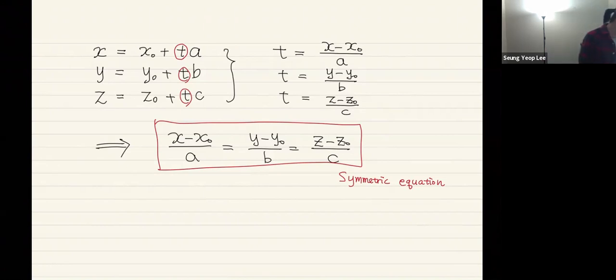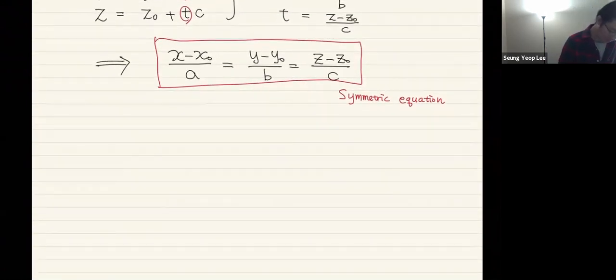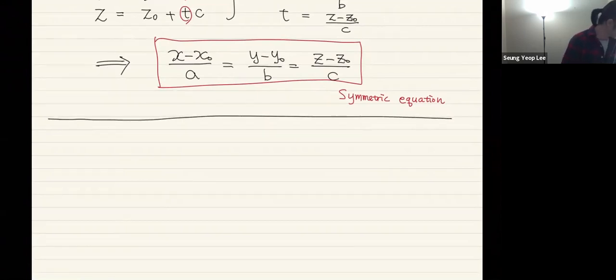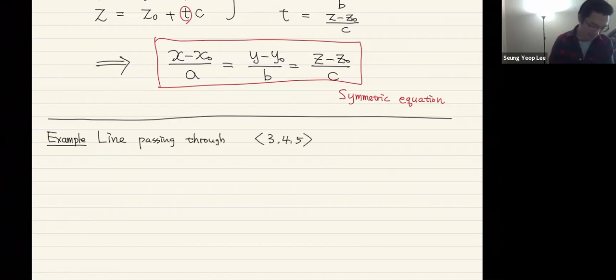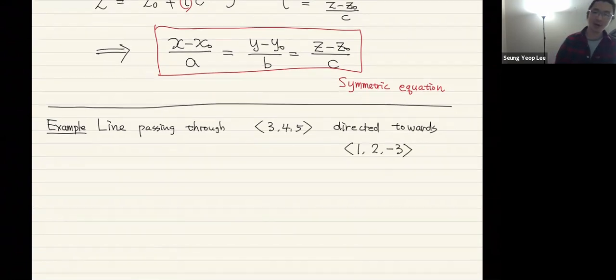So let me give an example quickly. If the line is passing through the point 3, 4, 5, and directed towards 1, 2, minus 3, then what is the line?